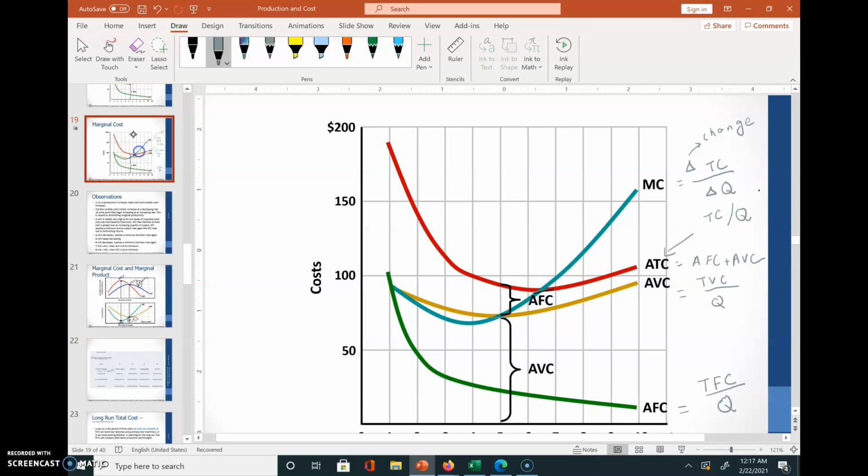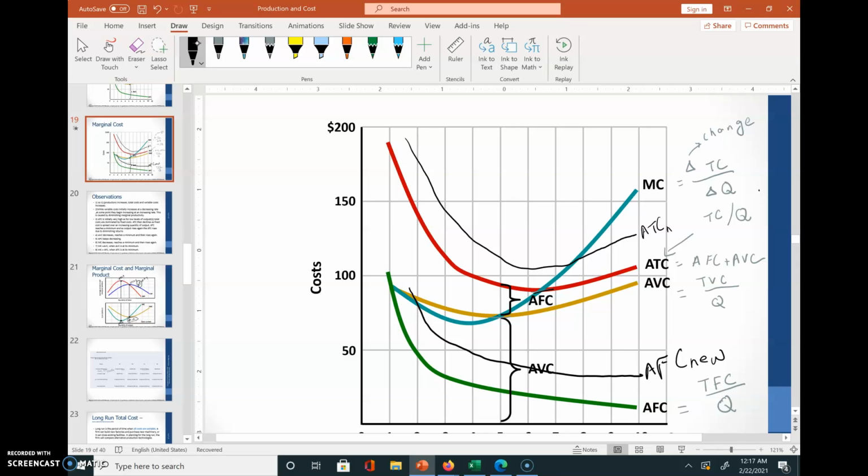Now, if we want to take a look at this graphically, if the average fixed cost shifts up, we will have something like this. So, say this is average fixed cost new, and if the average total cost curve shifts up, this is how it will look, average total cost new.